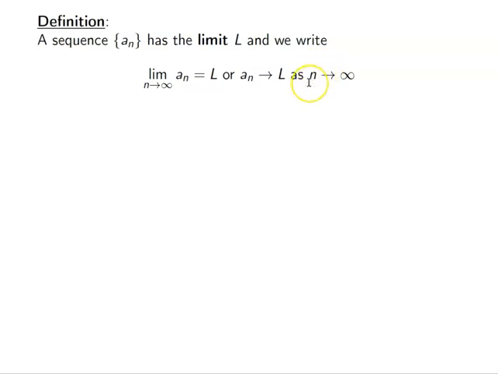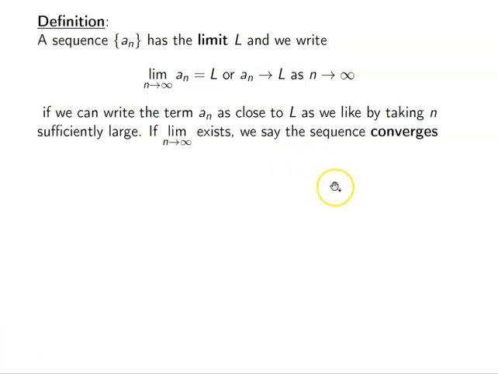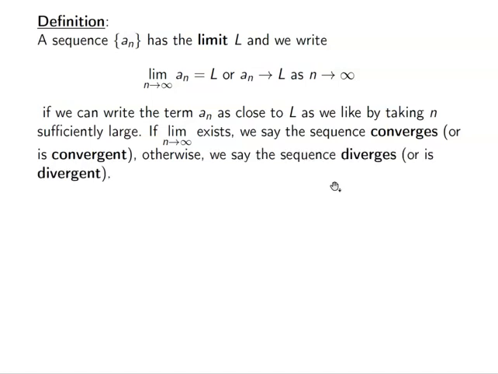When I'm looking really far down the terms of my sequence, those terms get very, very close to this value L if the limit exists. So this limit exists if we can make the terms of a sub n as close to L as we like by making sure that n is a very large value. If the limit exists, we say that the sequence converges, or is a convergent sequence. Otherwise, it diverges, or is what we call a divergent sequence.